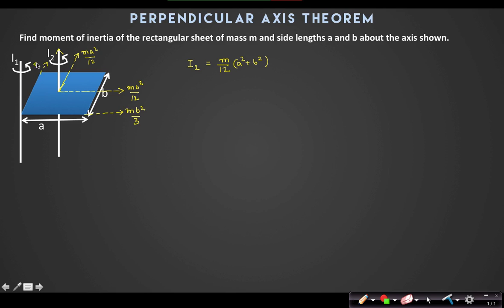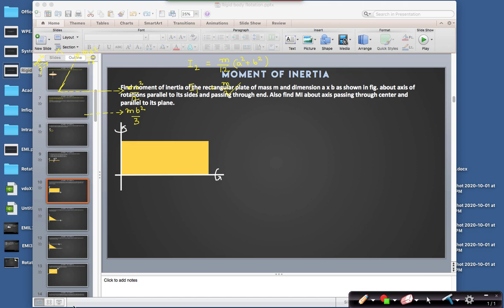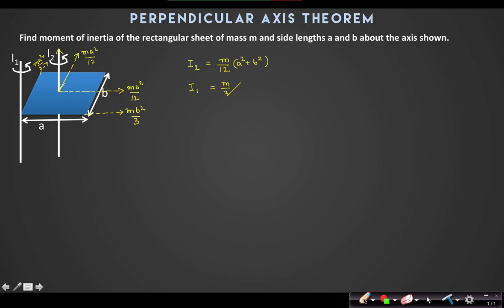M a square by 3. So I1 will be M by 3 into a square plus b square. Have you got it, everyone?